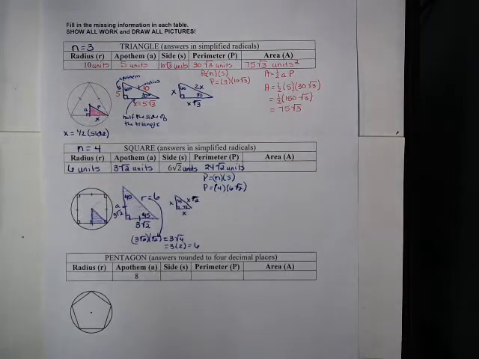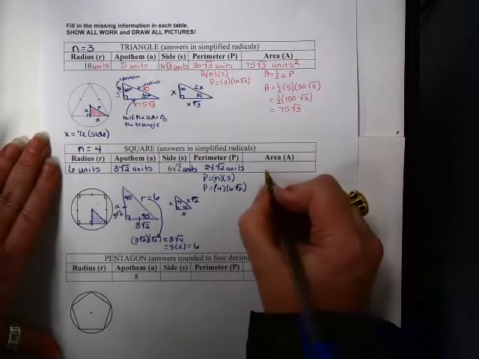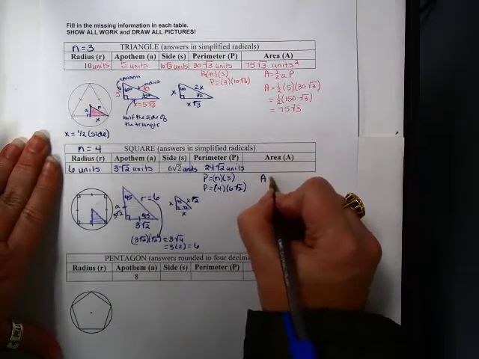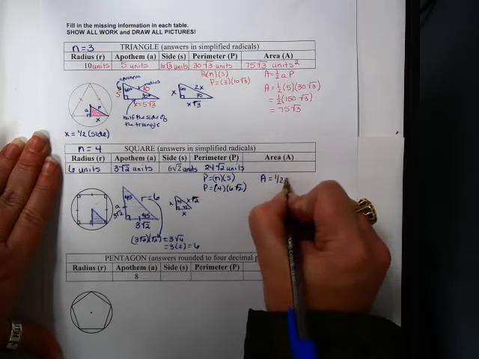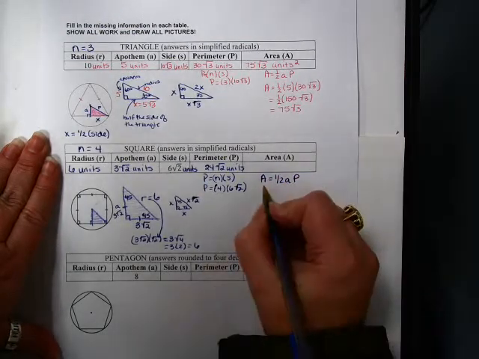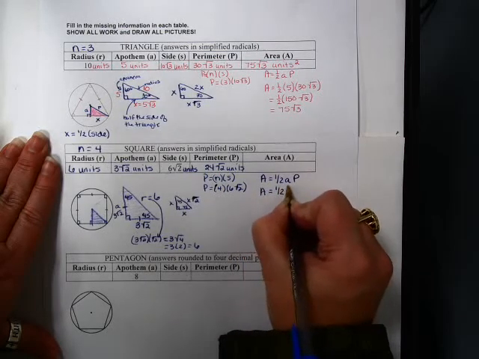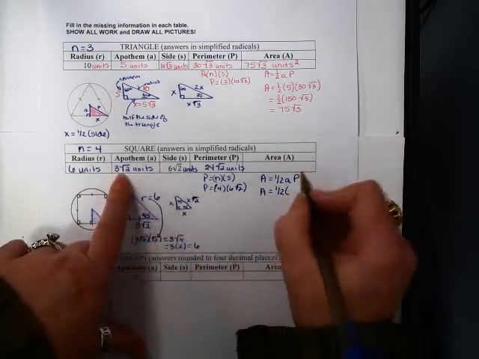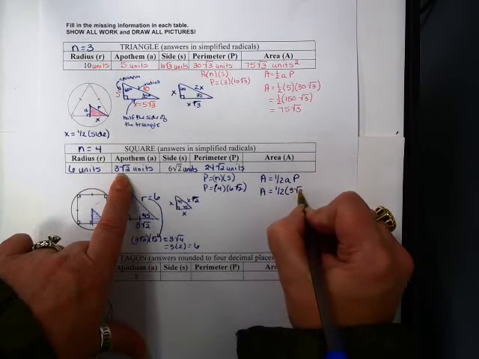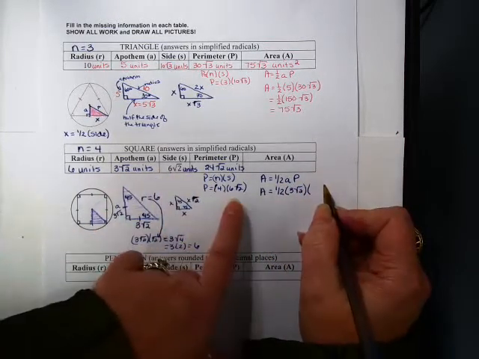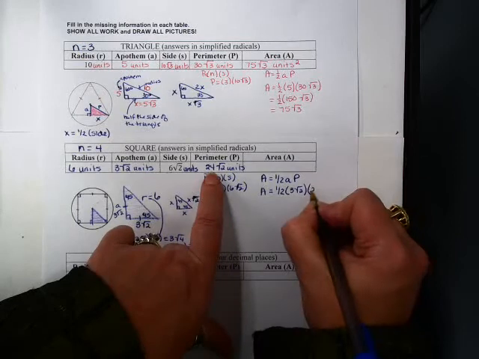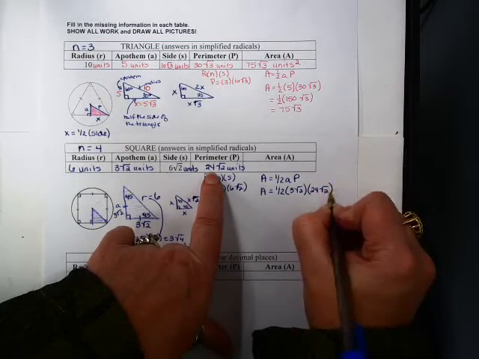Okay, the area. The area is going to equal 1/2 the apothem times the perimeter. So area equals 1/2 the apothem, which is 3 rad 2, times the perimeter, which is 24 rad 2.